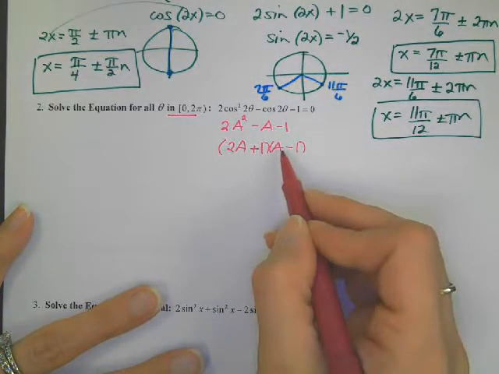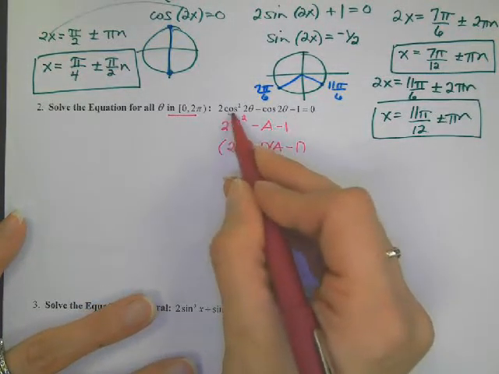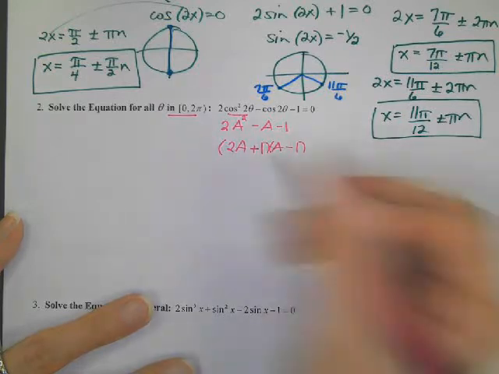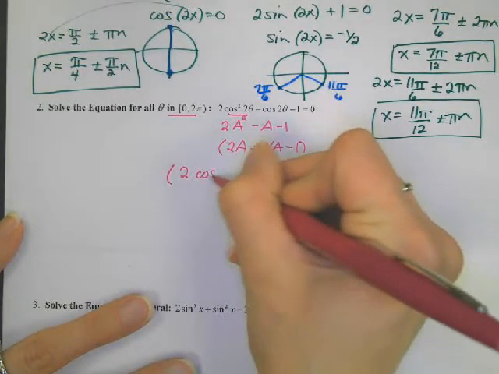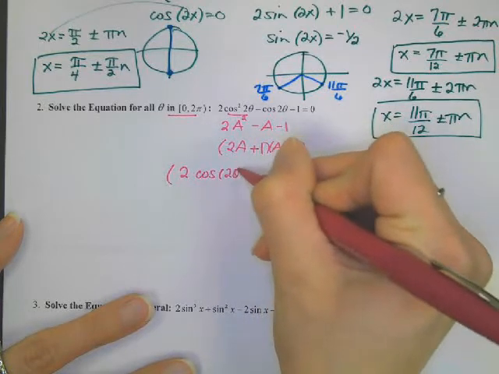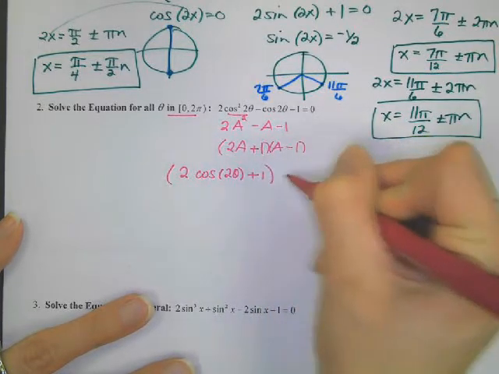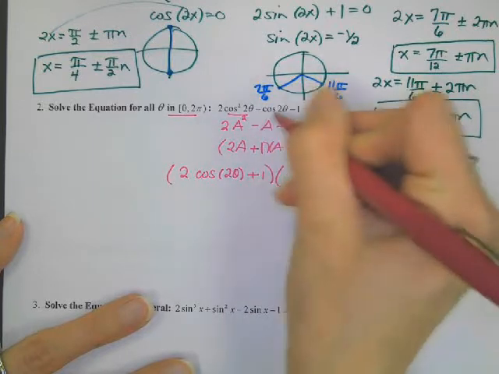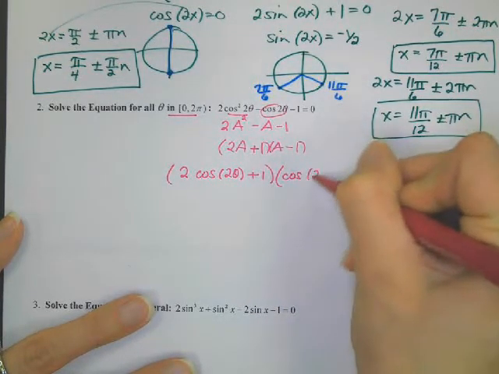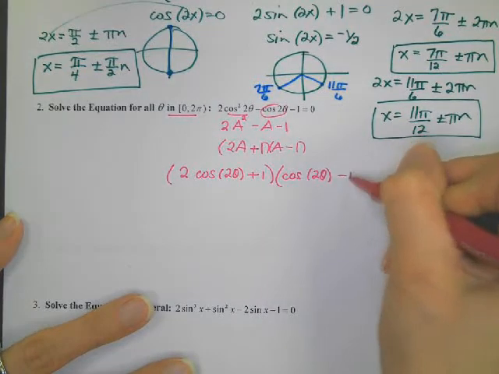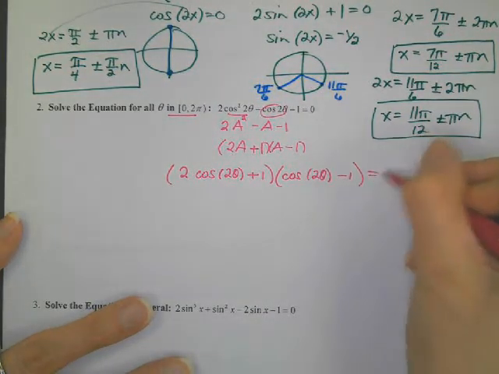Except it wasn't a's, it was cosine of 2 theta. So how does this factor? 2 cosine of 2 theta plus 1, and cosine of 2 theta minus 1, and this equals 0.